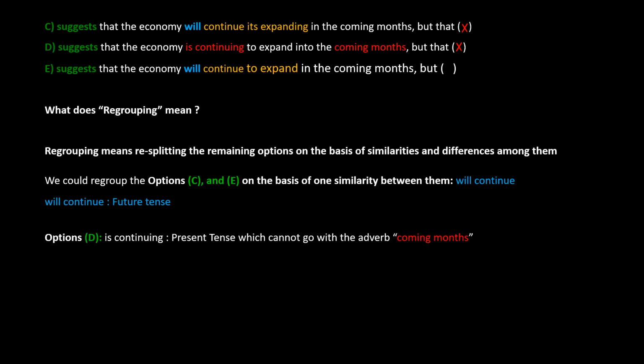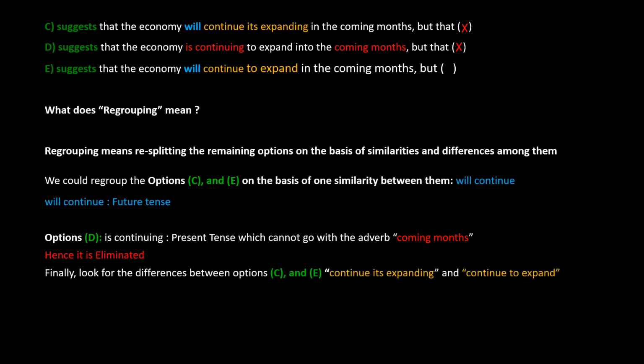Finally, we'll look for the differences between the remaining options, namely option C and option E. The major difference is option C has continue its expanding and option E has continue to expand. I'm sure you know that continue its expanding is not idiomatic, in the sense it is not standard English, hence it is eliminated.